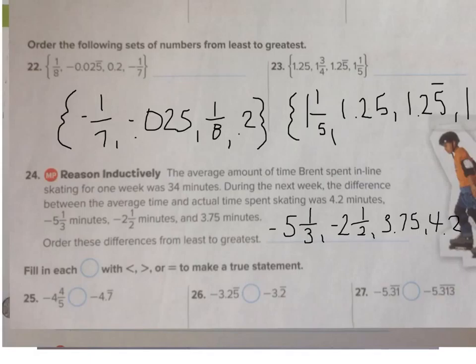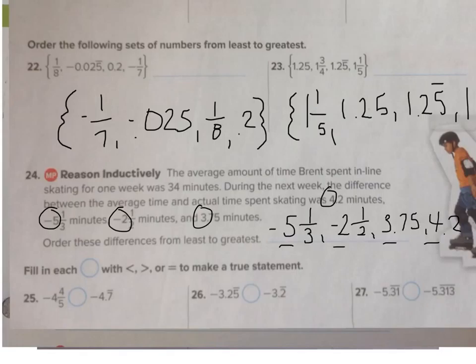Otherwise, a big hint would be looking at the whole numbers, because then you can see -5, -2, 3, and 4. And there you can tell right off the bat which one's the least. So look at the negative numbers. -5 is less than -2. And then at the positives, you can see the 3 and 4. So just look at the whole numbers and that will help you there.